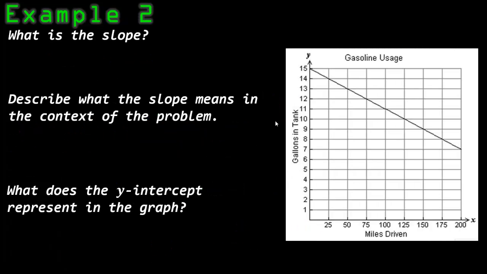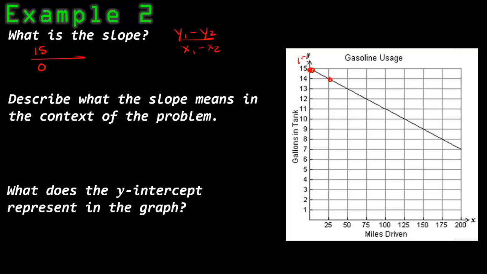Okay, so let's look at this example. What is the slope? Here's how you find it out if you're not very good at reading this. Remember this formula: y1 minus y2 over x1 minus x2. So if I take this point and this point, this is at 15, 0.